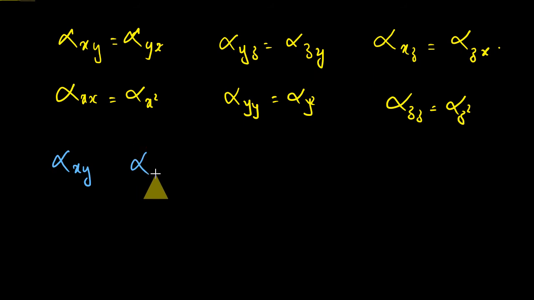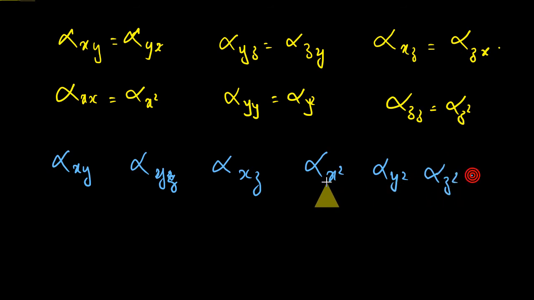So I have alpha xy, alpha yz and alpha xz, three from there, and then alpha x square, alpha y square, alpha z square. So the polarizability has 6 components.